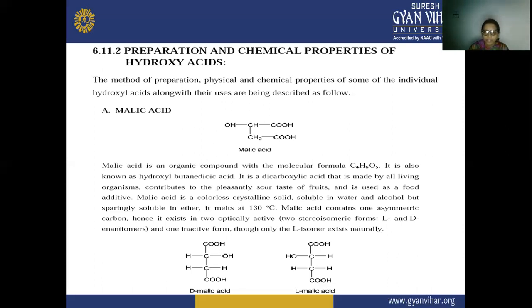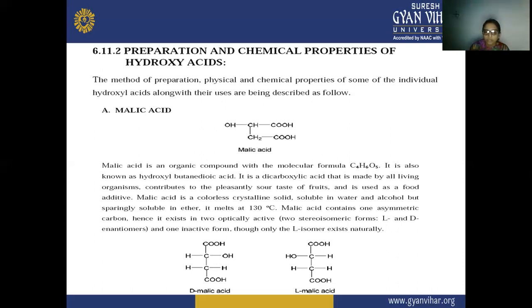Malic acid is an organic compound with the molecular formula C4H6O5. It is also known as hydroxybutanedioic acid, a dicarboxylic acid that is made by all living organisms, contributes to the pleasantly sour taste of fruit, and is also used as a food additive. Malic acid is a colorless crystalline solid, soluble in water and alcohol but sparingly soluble in ether.